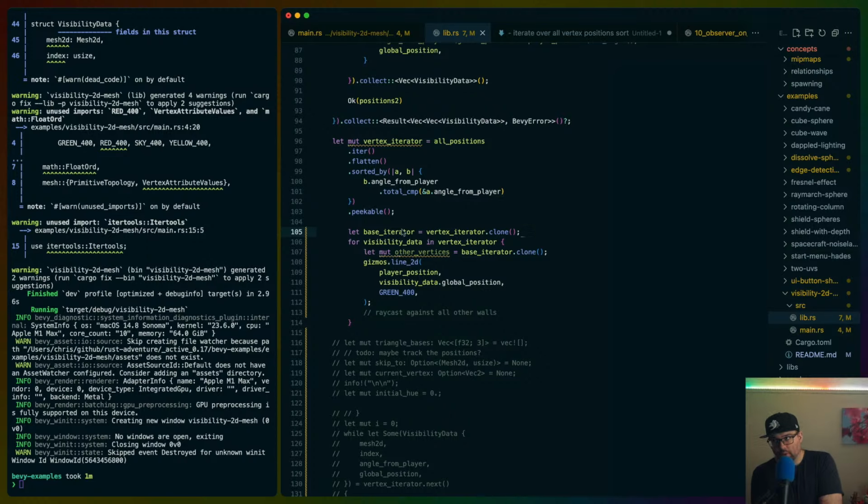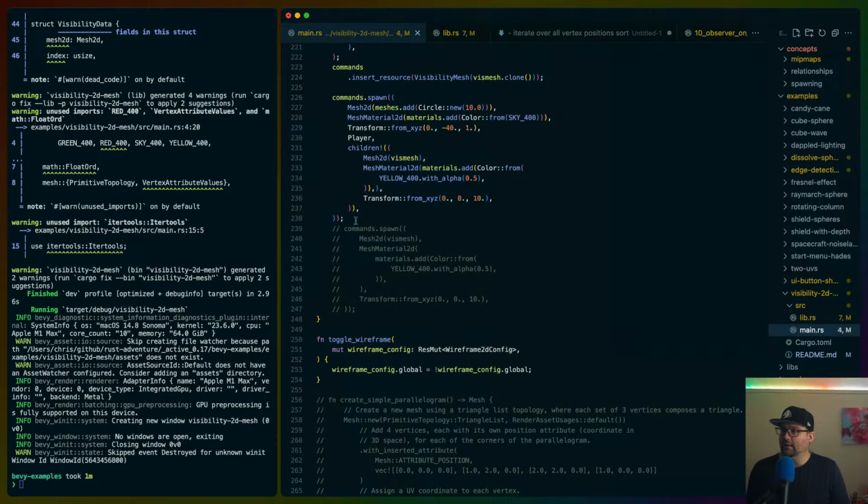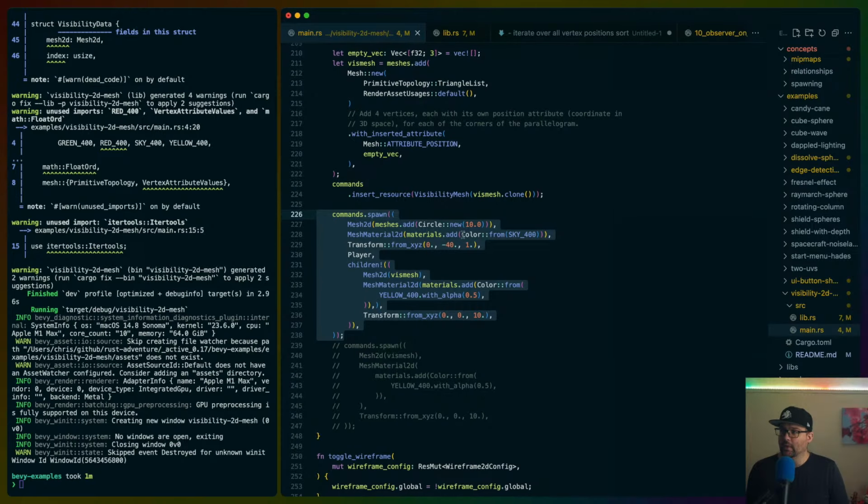And also, you don't always need to put required components on everything, right? If you have a single spawn, I don't need to create the player component with the mesh 2D, mesh material 2D, transform, and children as required components, right? I can just spawn this.